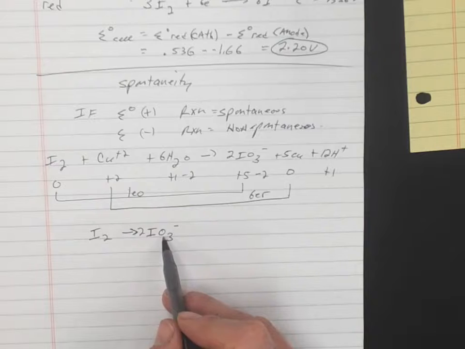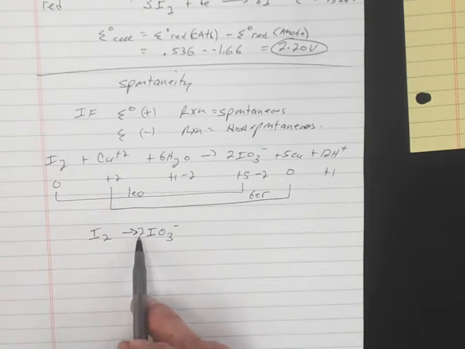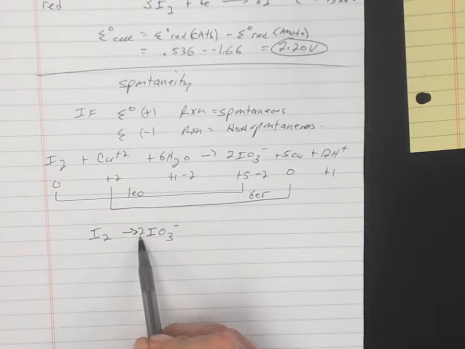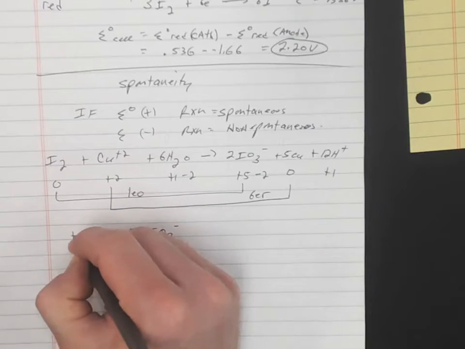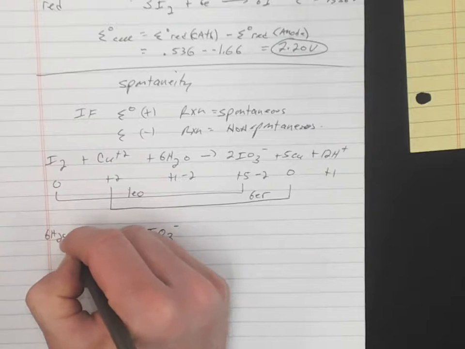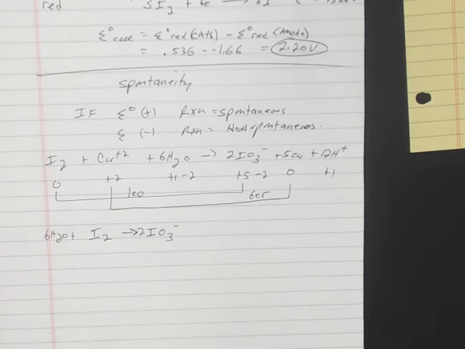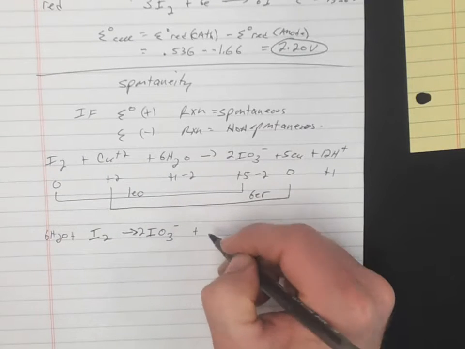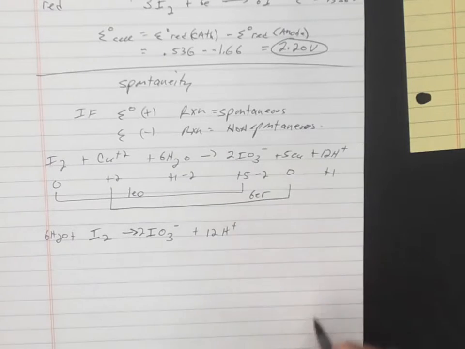Next, we can go ahead and balance our oxygen. So what do we have to do to balance oxygen? And careful because we got a 2 already there. Yep. So we'll add 6H2O to the left. Then we have to add what? 12H+ to the right. Good job. And now, how many electrons are we dealing with?